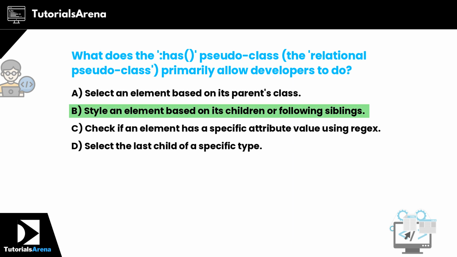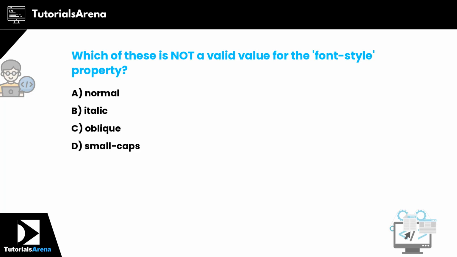The correct answer is option B, style an element based on its children or following siblings. Which of these is not a valid value for the font-style property? The correct answer is option D, small-caps.